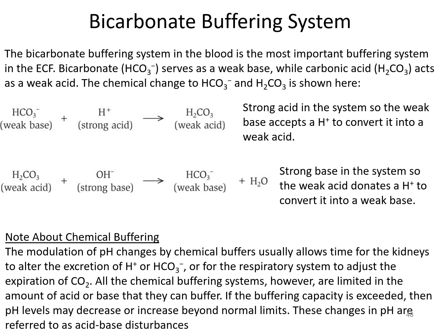All the chemical buffering systems are limited in the amount of acid or base that they can buffer. If the buffering capacity is exceeded, then the pH levels may continue to increase or decrease beyond the normal limits. Those changes in pH are referred to as acid-base disturbances.